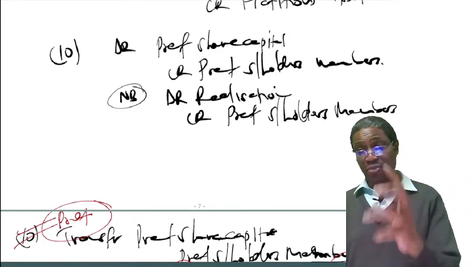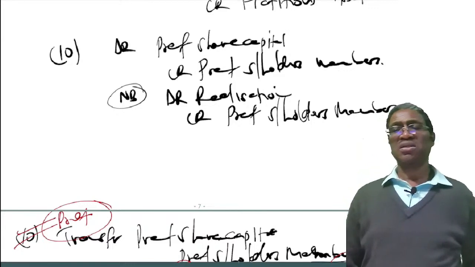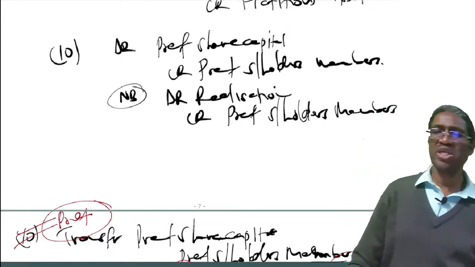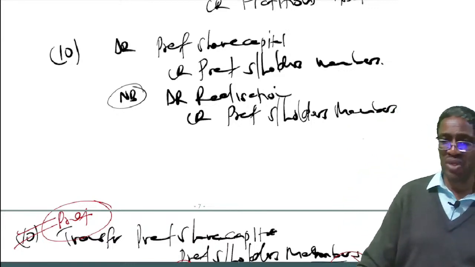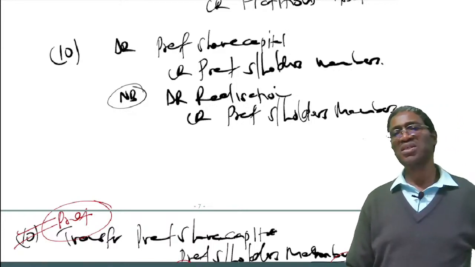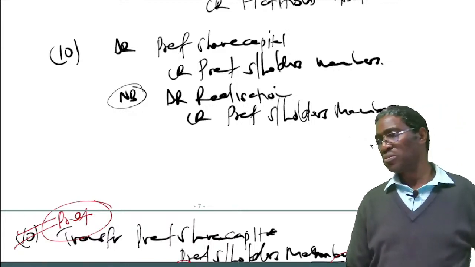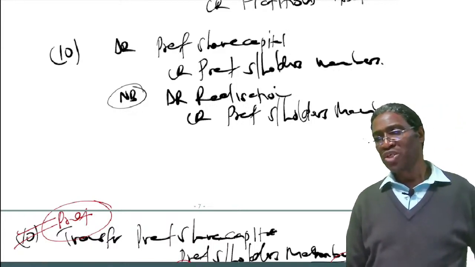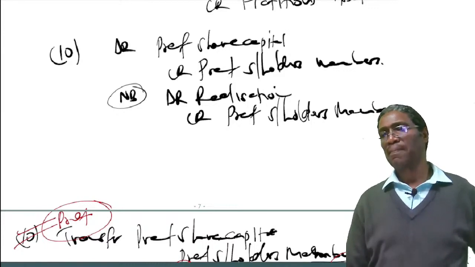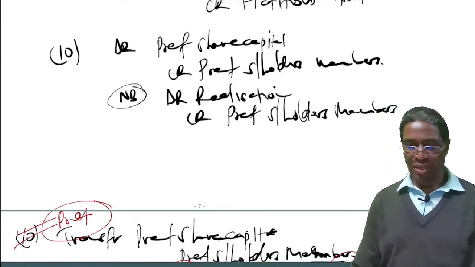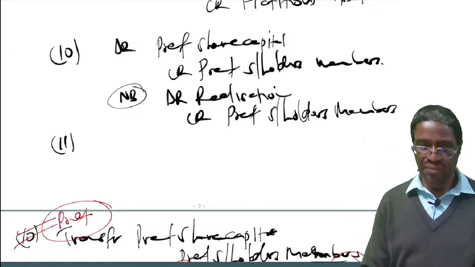I've said if there are preference dividends in arrears, debit realization, credit preference shareholders members. That's number 10. So finish, we go to number 11.